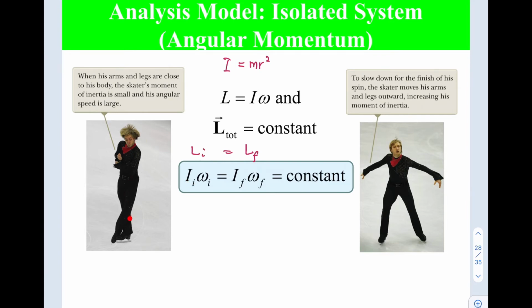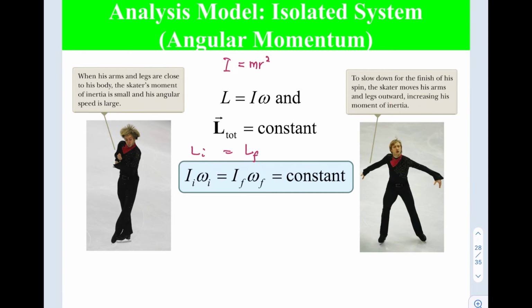So to have this constant and I reduced, let's say when the skater brings his arms and legs close to his body, then the R will be reducing. Consequence of it, to maintain this amount, if this one is reducing, then omega will be increased. That is why at this instant the skater seems to be moving very rapidly in a circular motion, having omega a very big amount.